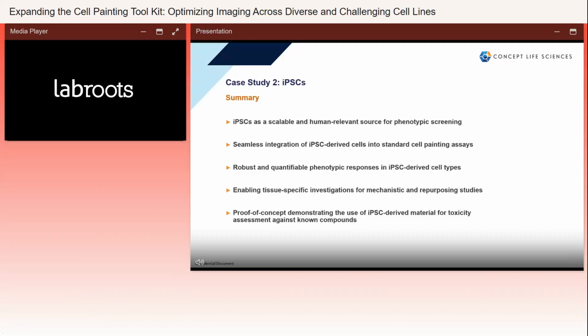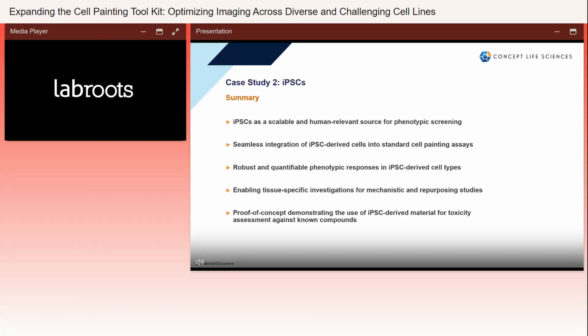This demonstrates that these cells are not only viable in cell painting assays, but also capable of producing quantifiable, reproducible phenotypic data. Such responses are essential for building predictive models and identifying subtle biological effects that might be missed in less responsive systems. And then finally, we've shown strong proof of concept data supporting the use of iPSC-derived cells in toxicity screening. When exposed to known toxicants, these cells exhibit expected phenotypic changes, validating their use in predictive toxicology.